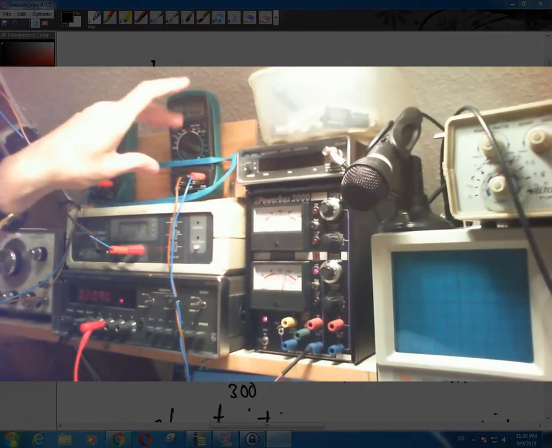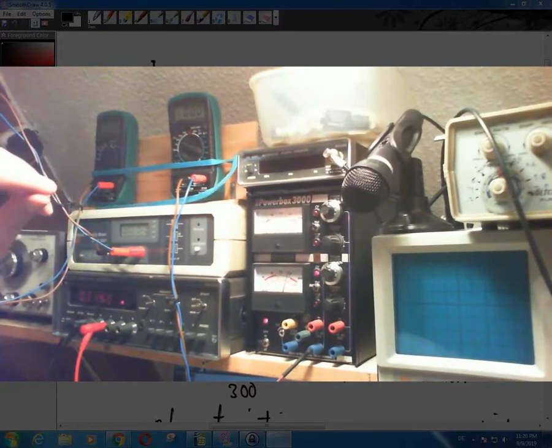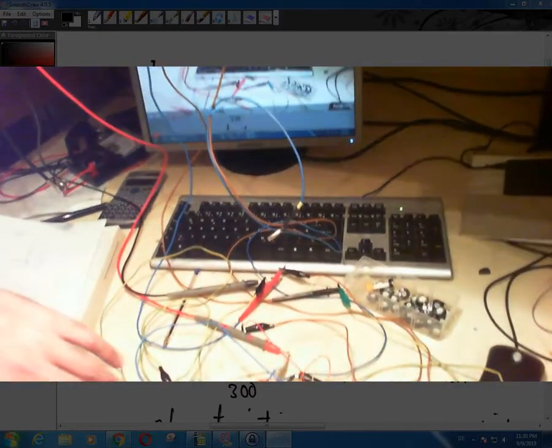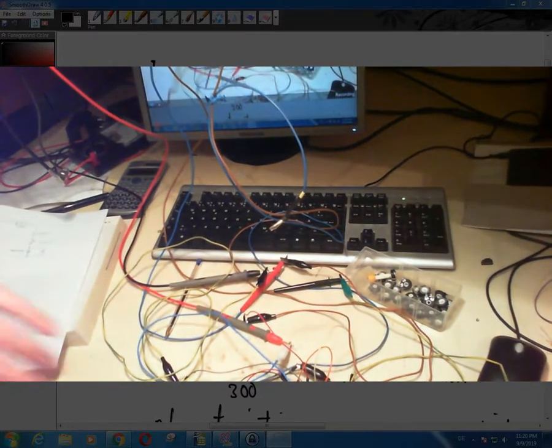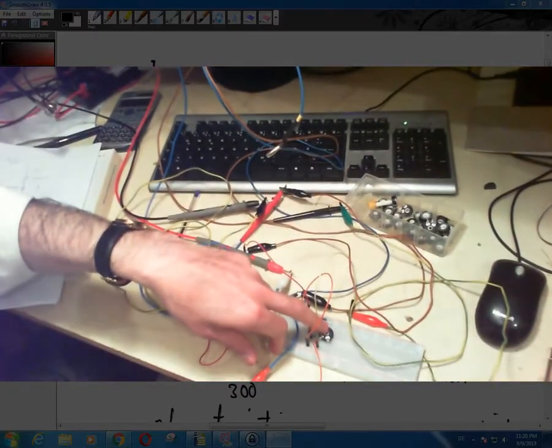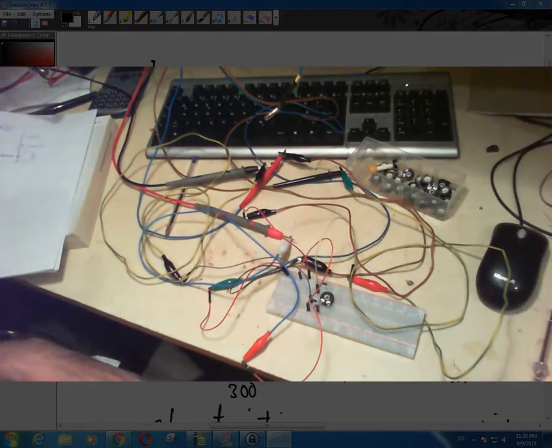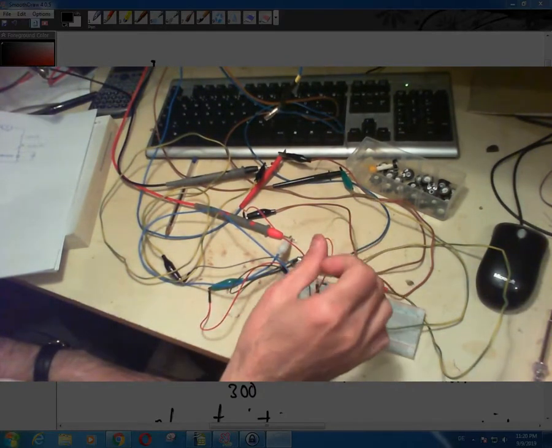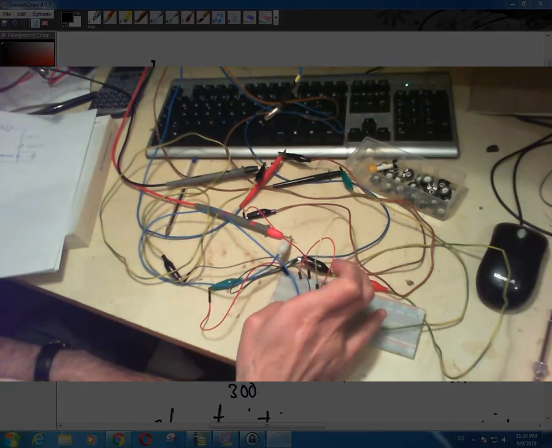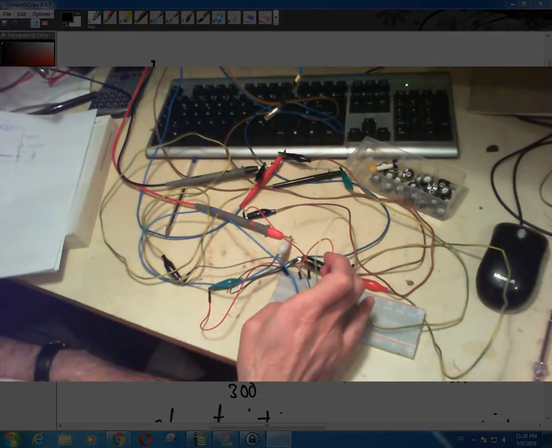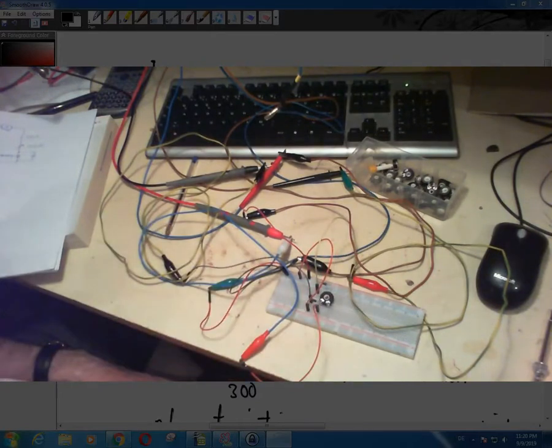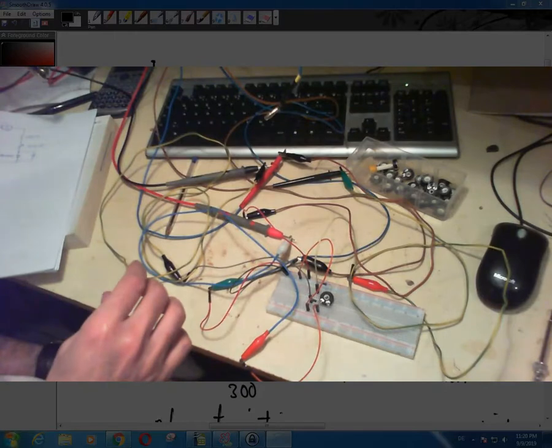So I'm going to be watching these two meters simultaneously, basically, to make a reading. Of course I have to keep turning this potentiometer in order to change the voltage across this thing over here.